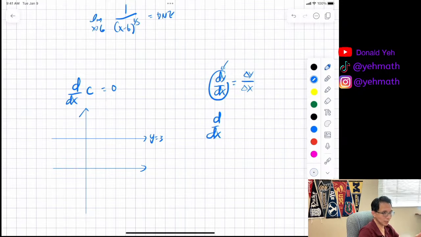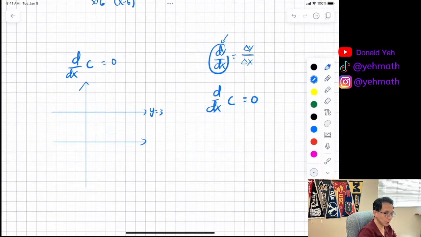So for example, d over dx of c is always equal to 0, because how much is c changing? There's no change in c, right? c did not go higher. So delta c over delta x: there is no change in c, but there's a change in x. So therefore it's 0. That's also another way to look at it.